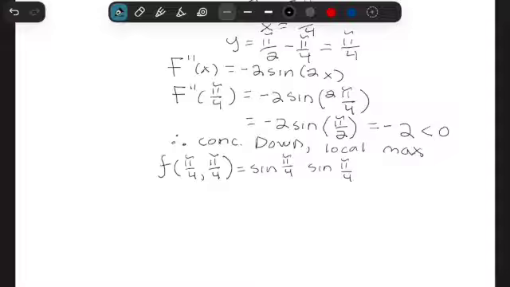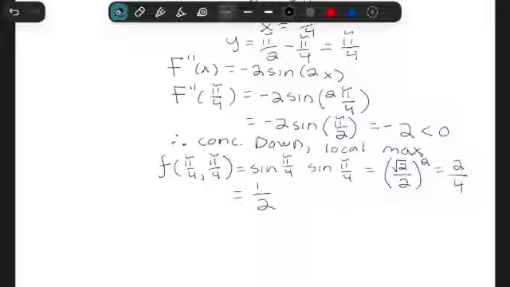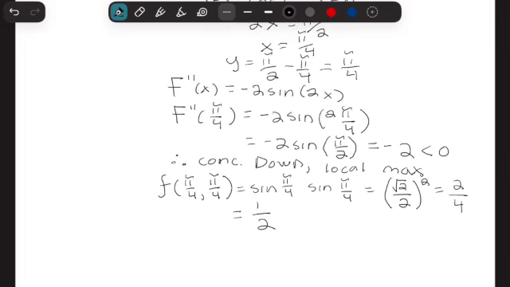And what is sine pi over 4? That is root 2 over 2. So root 2 over 2, and then the second term is the same thing, so we can just square that, equals 2 over 4, which equals 1/2. All right, so we have our maximum value, and we're ready to write our conclusion.